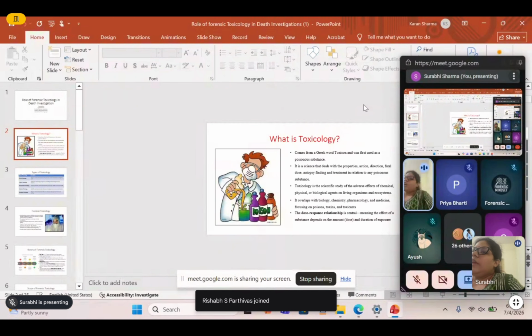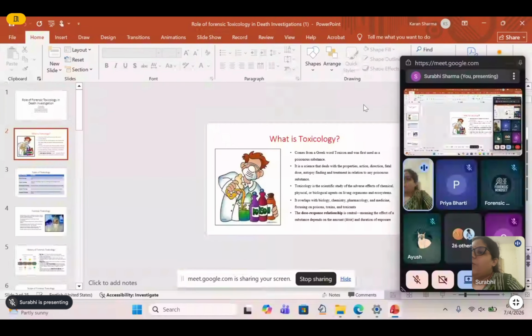Then toxicology is the scientific study of the adverse effect of chemical, physical or biological agents on living organisms and ecosystem. You must have seen, if we generally talk about poison in layman's words, it means anything in excess which causes harm to your body is poison. For instance, even water becomes poison if it is in excess.